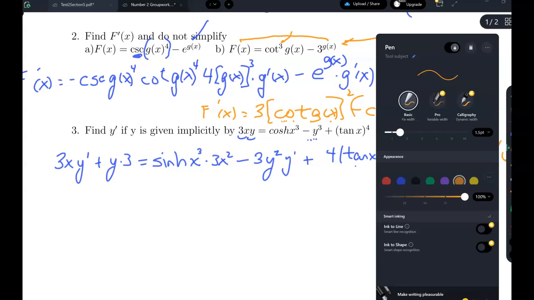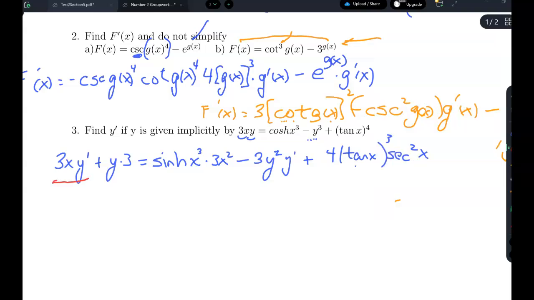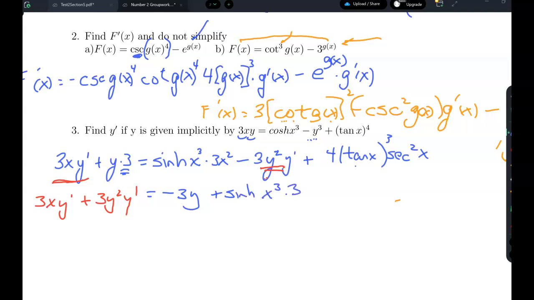Okay, so now we're going to identify where the y prime terms are. There's 2 of them. So I'm going to add this to the other side. So I have 3x y prime plus 3y squared y prime. And then I'm going to move this to the other side by subtracting. So I'll set minus 3y, and then I'll plus the sinh x cubed 3x squared, and then plus this 4, and I could keep it out there, or I could put the cube there, because they mean the same thing.